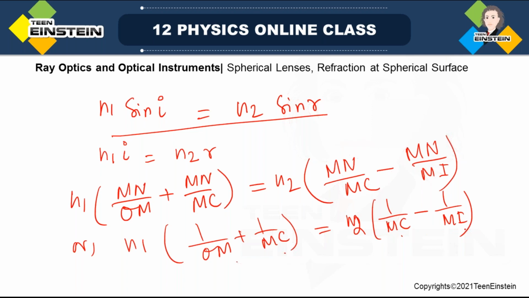Now look, OM, MC, MI are all there. We can take the similar parameters together.